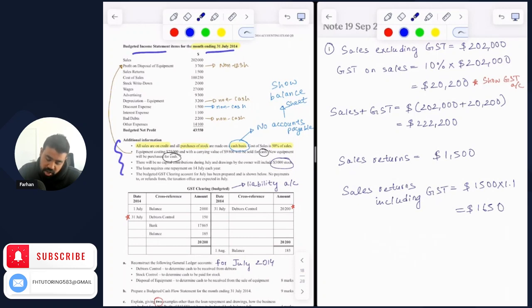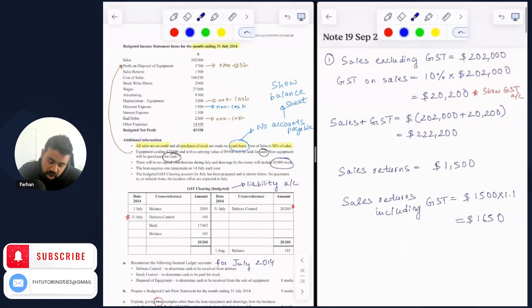We are also given the GST clearing account, and the requirement of the first question is to reconstruct the ledger accounts for the month of July 2014 for debtors control, who are now what we refer to as the accounts receivable. And then we have the stock control, which is what we now refer to as inventory, and the disposal of equipment. So let's start with the first additional information that we have.